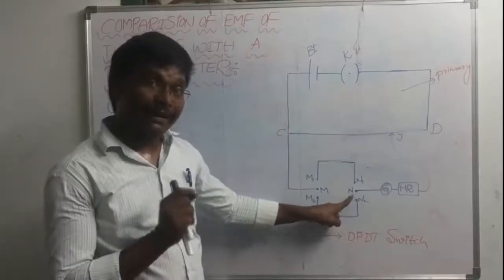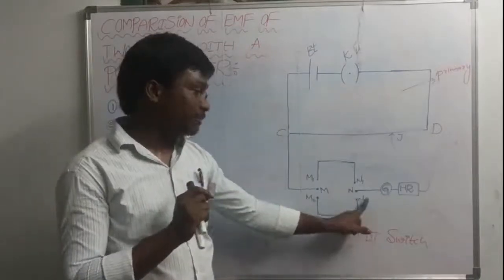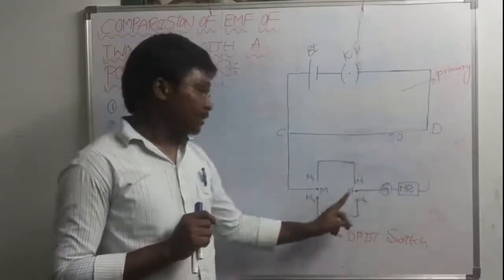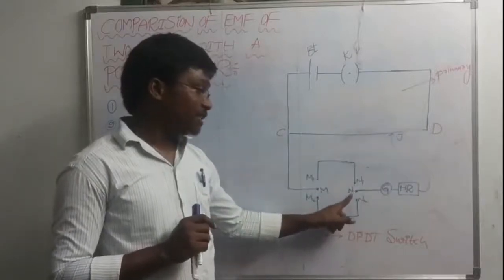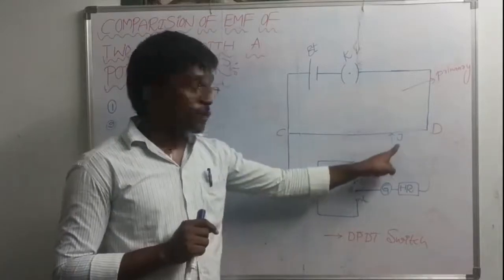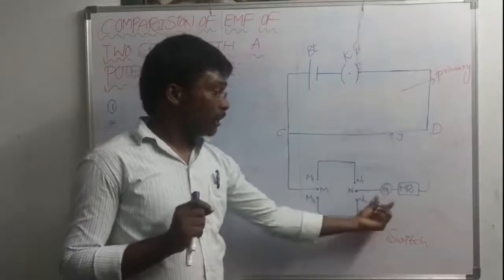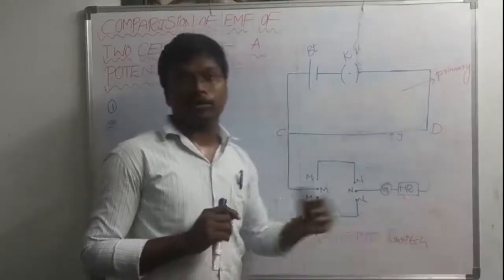The other end N of the DP-DT switch is connected with the jockey through a galvanometer and high resistance box.